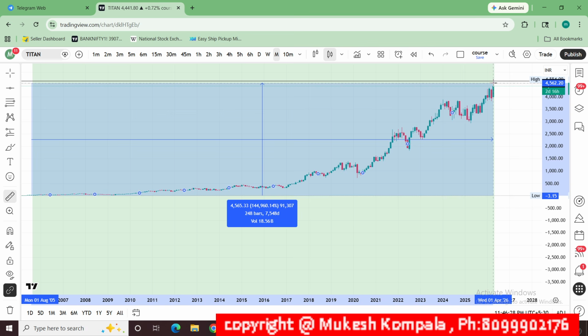It makes you enter at the right point and exit at the right point. That is not available from outside people, right? And the planets say these things. 1,45,000% profit in 20 years is not a normal thing.